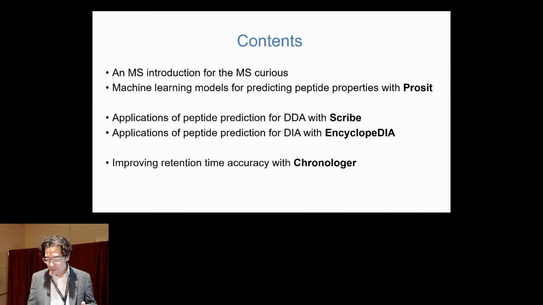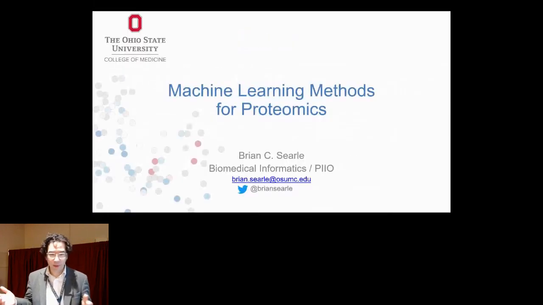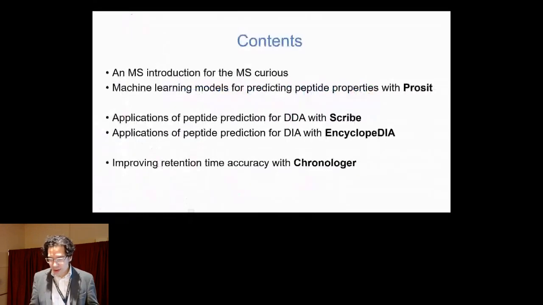And then I was going to spend the entire time talking about machine learning methods for proteomics, in particular, how fragmentation and retention time prediction has reshaped how we are doing data analysis and thinking about analyzing our type of data. Specifically, I'll talk about the Prosit tool, which was sort of revolutionary for us, but there are several other tools that are in this sort of arena.